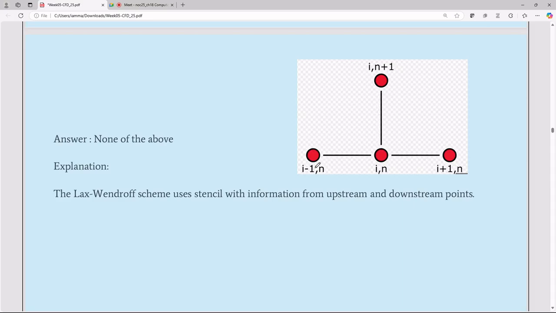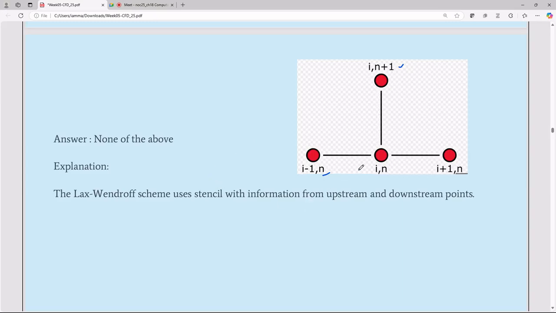Here you can see I minus 1, I and I plus 1 are taken, but at the nth time step. Also, I at the n plus 1 step is also involved. So these 4 points are there. But technically, from the given options, we can choose D. But actually, it should be none of them because something like this should be there.